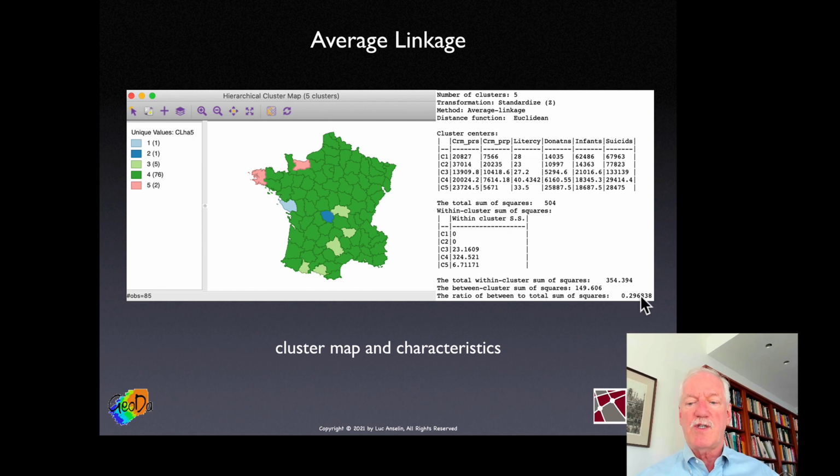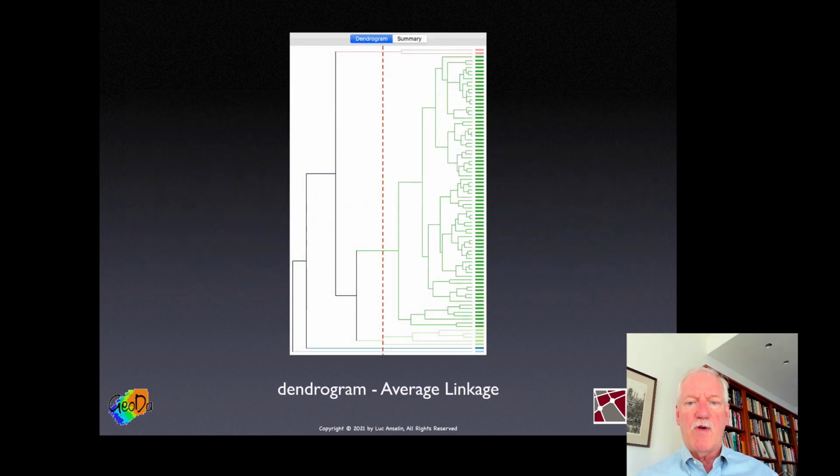Again, the measure of fit is a little bit better than single linkage, but it's still pretty lousy compared to what we had for Ward's, and definitely compared to what we had for k-means. The dendrogram is similarly strange, characterized by a few small clusters and then everything else bunched together.